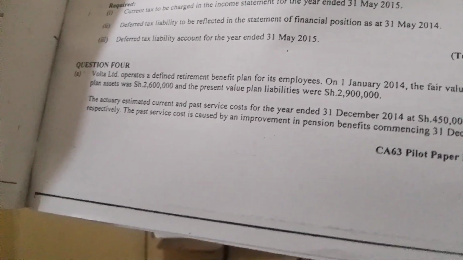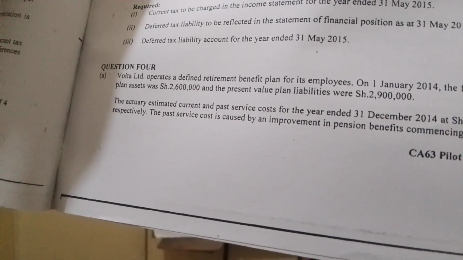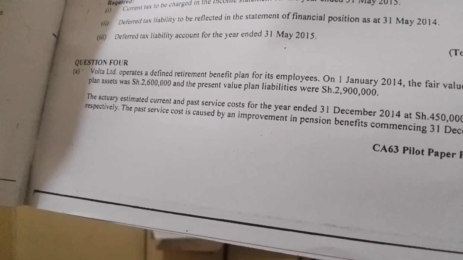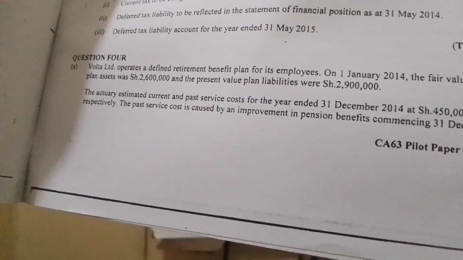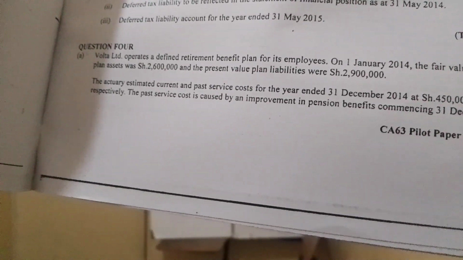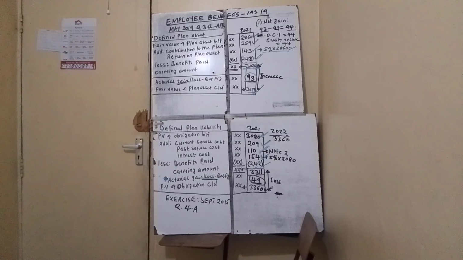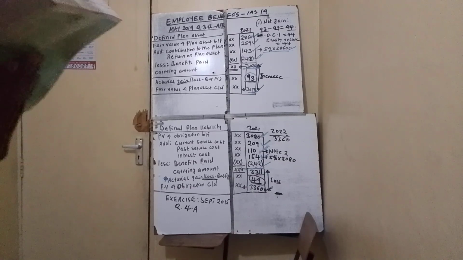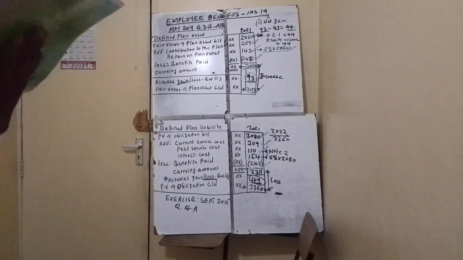So do you know where to take that information? Those are opening balances. So I've shown you where to take those figures. Do I need to repeat that? I don't think so. I've told you what to do.